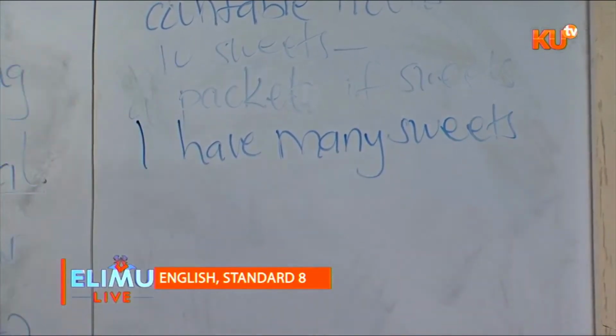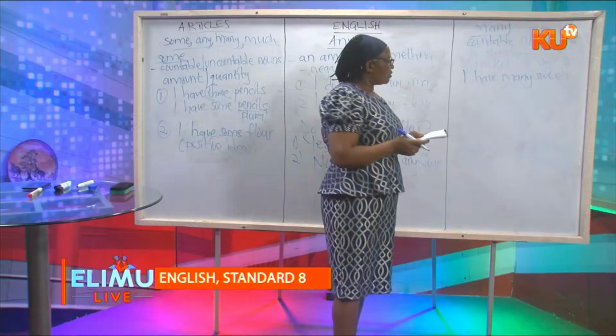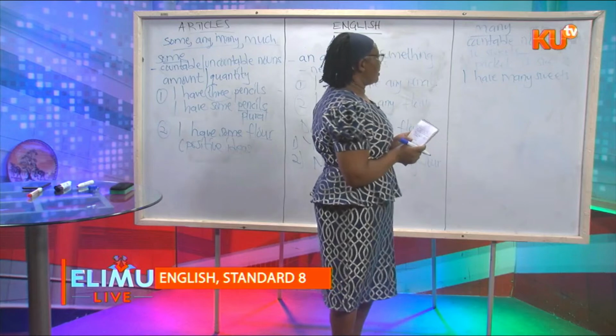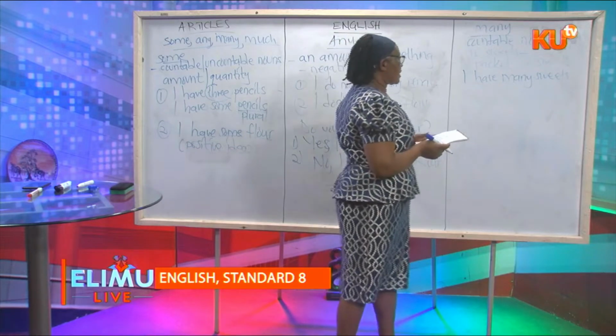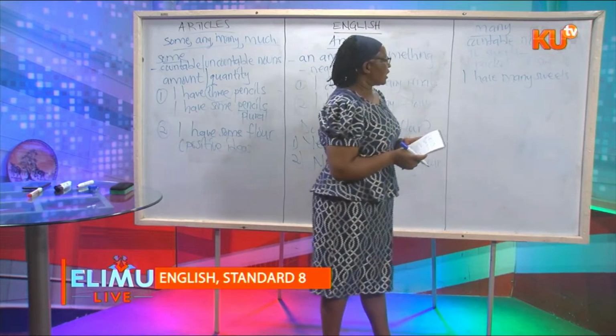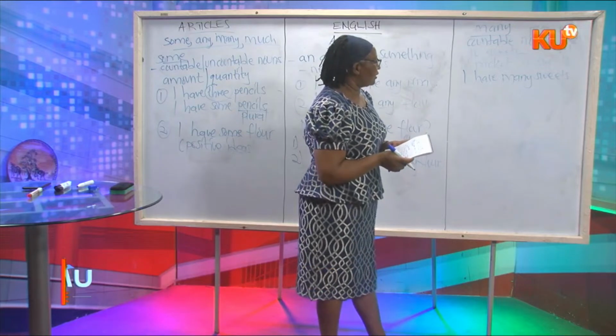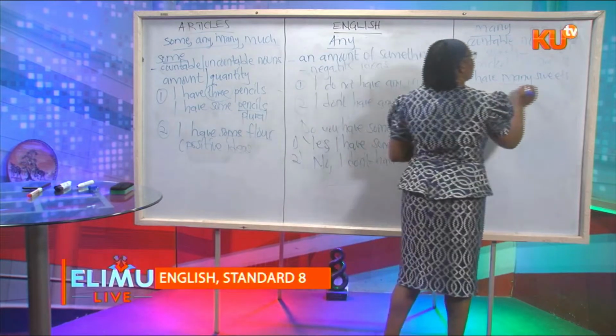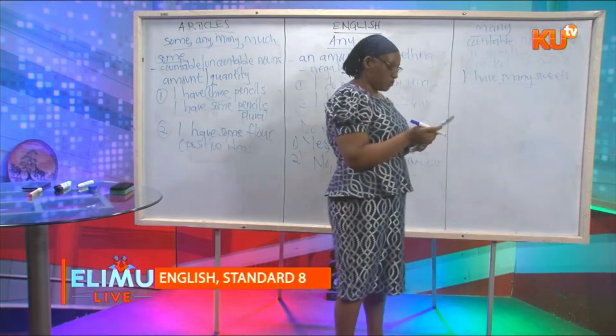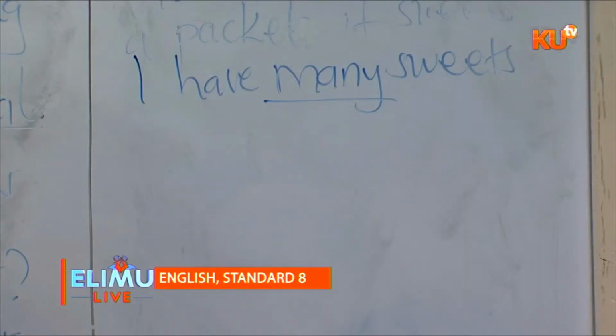So it means that it is more than one. Even when there are 10, you can still say that I have many sweets, but sometimes things may not be counted, and therefore you use the word many to refer to the amount or the quantity of the items that you have.